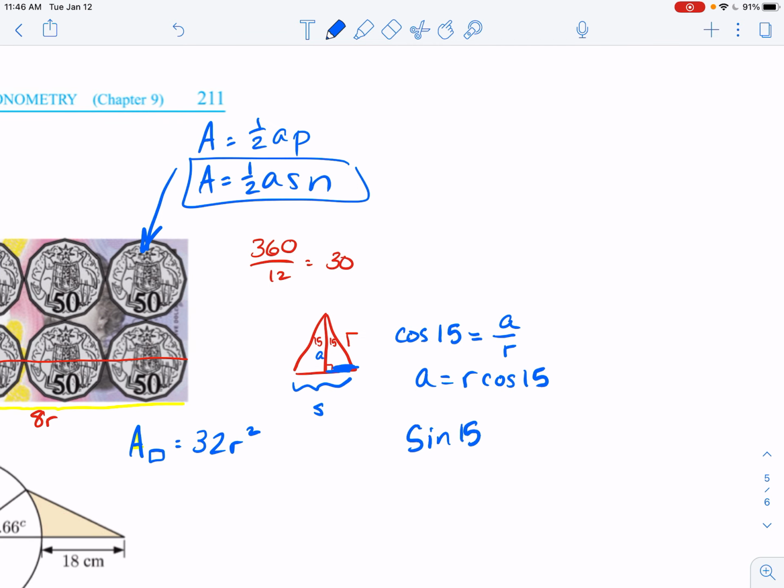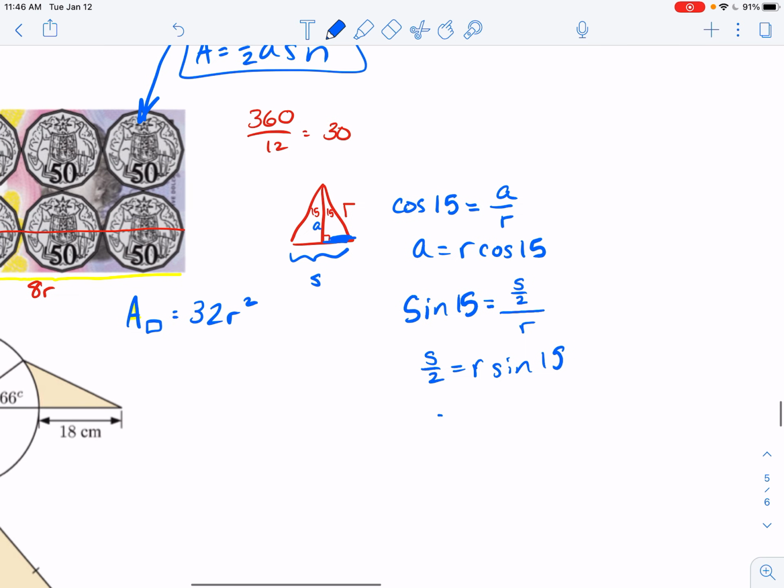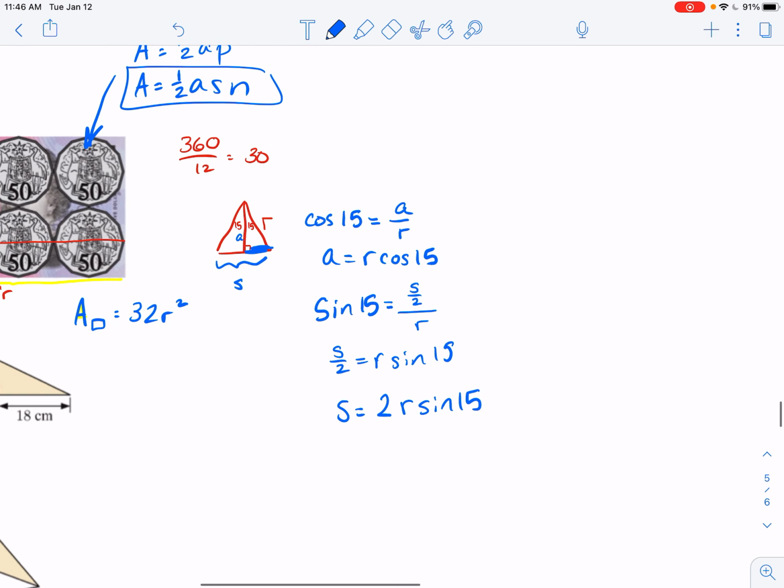Sine of 15 is equal to S over 2 divided by R, so S over 2 equals R sine 15. In other words, our side length is twice this little piece. Hopefully if you're in HL Math or even SL, that would be obvious.